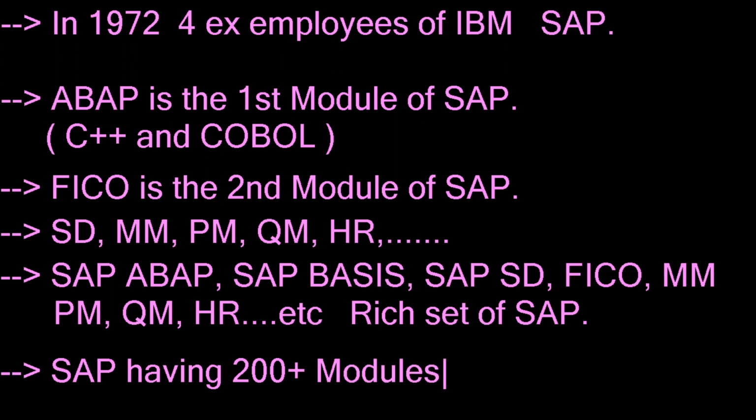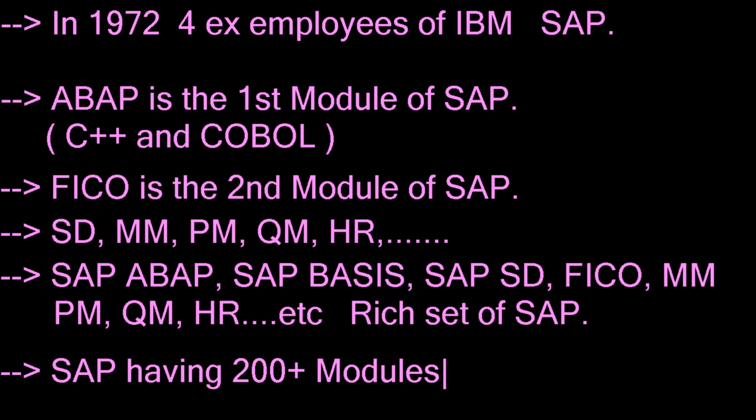SAP has 200 plus modules. But some people think SAP has only 10 to 15 modules, because if you take any training institute, they offer only these modules: SAP basis, FICO, SD, MM, PM, like this.